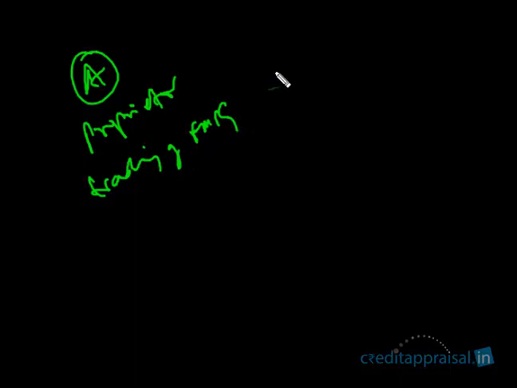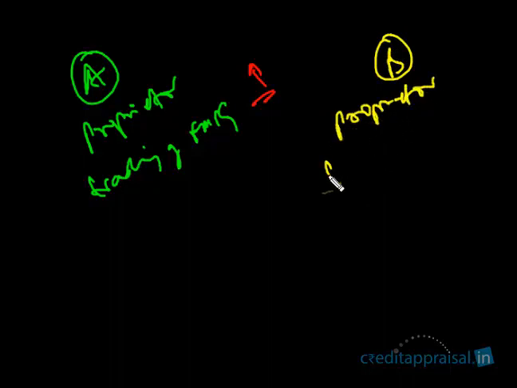Let us say this turnover has reached a stage where he doesn't want to increase it any further, because maybe this unit is eligible for certain concessions, being a small unit. So he floats a different firm, and he is also a proprietor. This is a sole proprietorship firm engaged in maybe the same activity or some other activity. Let us assume the same activity, right?